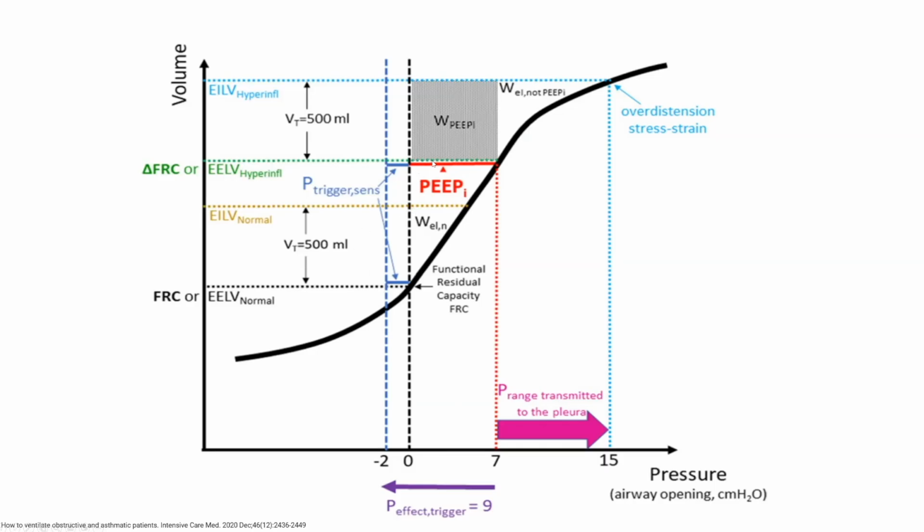And if you look at this red line here, you're seeing the progressive rise in end expiratory lung volume that is caused by AutoPEEP with progressive increase of PEEP. Here you can see from 0 to 7, which corresponds to an increase in your FRC and some of the physiological derangements that happen with that. So that's what we could refer to as a dynamic hyperinflated state that is related to AutoPEEP.